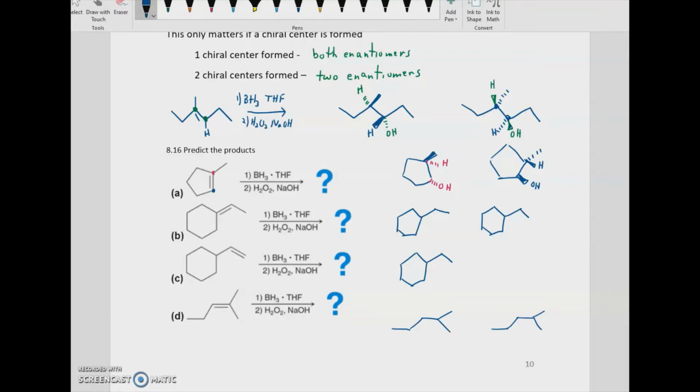Okay, so now we're going to add the hydroxy to here and the hydrogen to the ring position. Okay, so again, if we add the hydroxy on a dash, we're going to have to put the hydrogen on a dash.